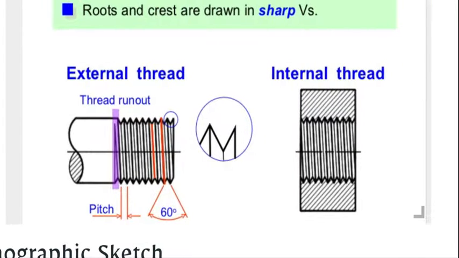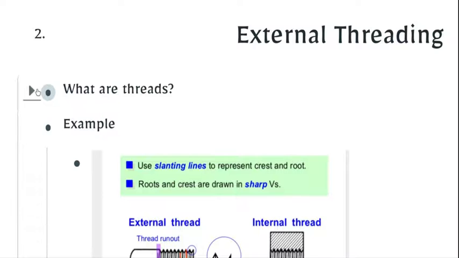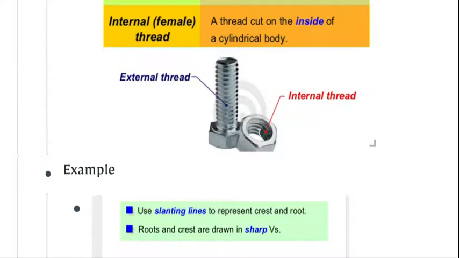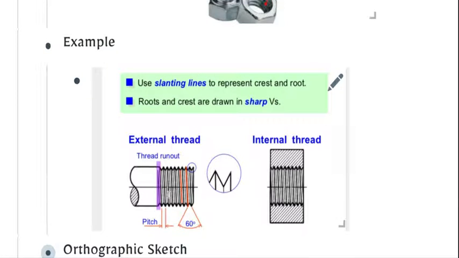Then for the internal one, if I'm having, for example, a nut, let's go back to the nut picture. You couldn't tell me that the threads are like this, because this would essentially be on the outside. You would need to somehow tell me that the threads are on the inside.